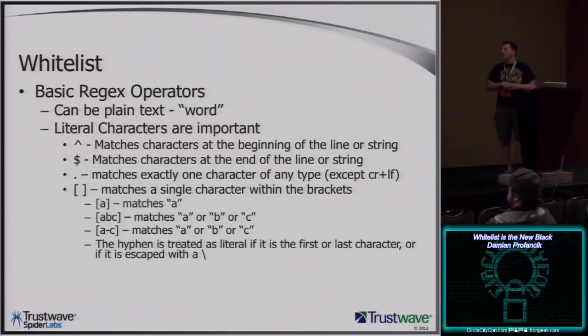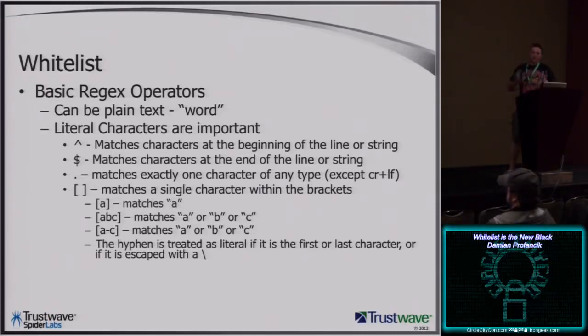So the caret is a representation of saying this is going to start at the first character, or the beginning of the line, and match until the $ indicates the end of the line. And dot is basically saying any character possible. Brackets are basically a set of characters.